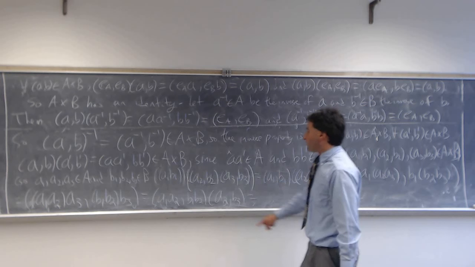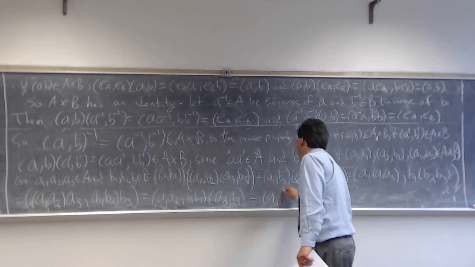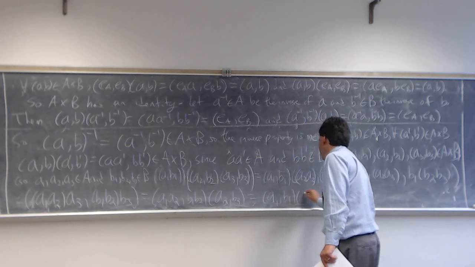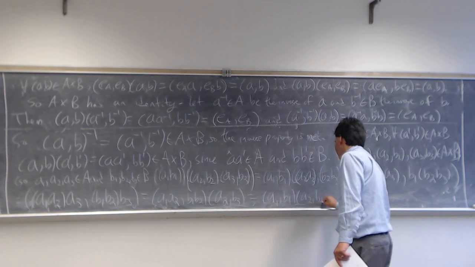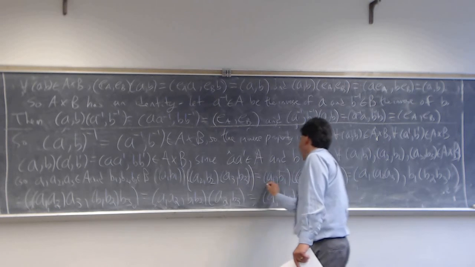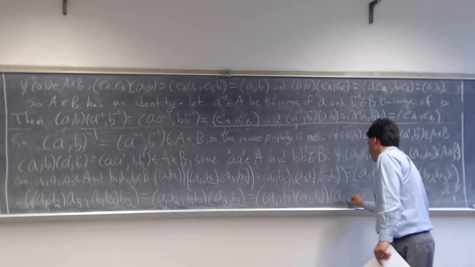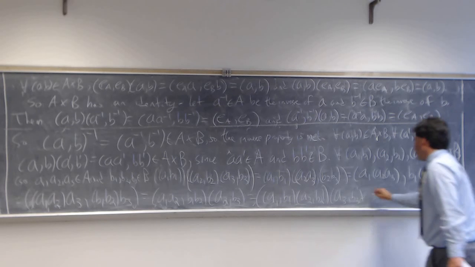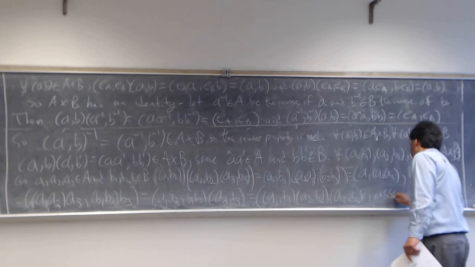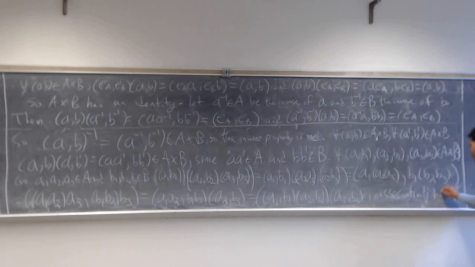But again, within this parentheses, that's exactly the definition of (a1, b1) times (a2, b2). So I have that product, and then I take that, and this I'm just copying over. And I think if we untangle that, you see associativity holds.